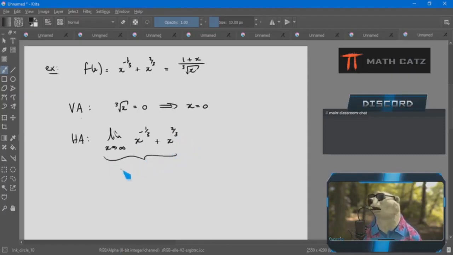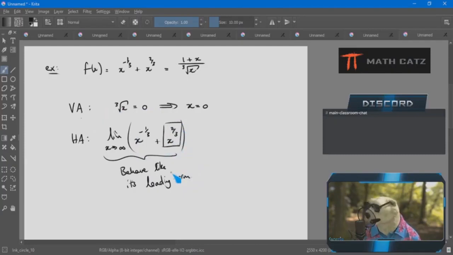This is going to behave like its leading term. What is the leading term? It is the highest power of x, or the most positive, the furthest on the number line to the right, however you want to say it.